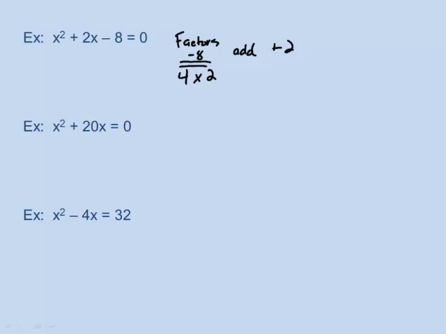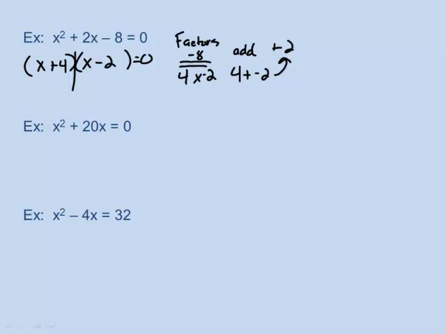However, since we want the middle term to be positive, we will want the 2 to be negative rather than the 4. So 4 times negative 2 is negative 8, but 4 plus negative 2 is a positive 2. So we've got x plus 4 and x minus 2 equals 0.